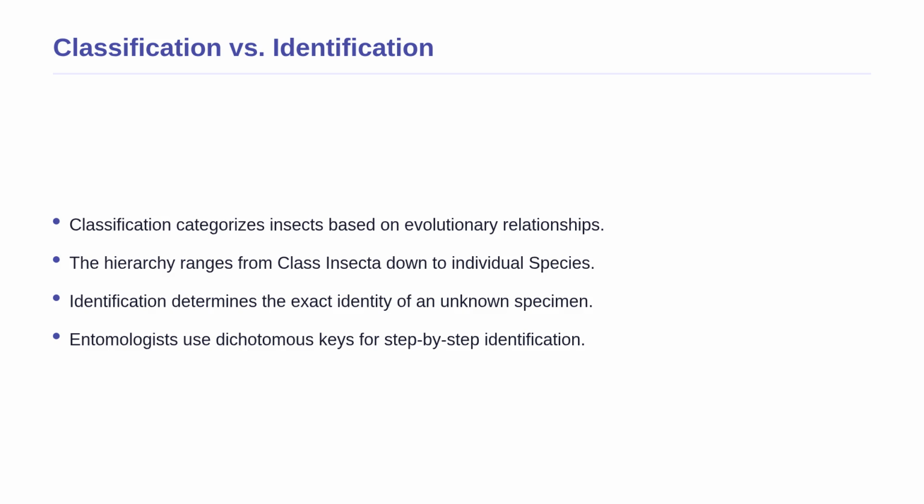We start broad with the class Insecta and narrow down through orders, families, genera, and finally, species. Identification, on the other hand, is the practical application of this system. It is the process of figuring out exactly which book you are holding. To do this, entomologists use a tool called a dichotomous key, which guides the user step by step using paired physical descriptions to find the correct species.